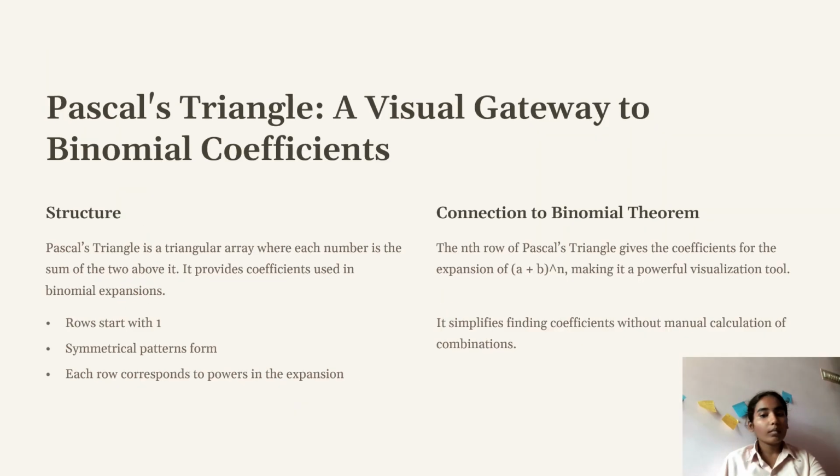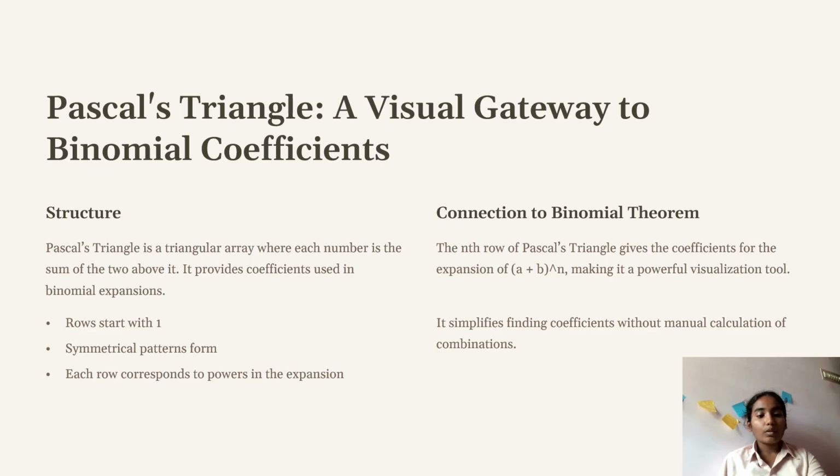Pascal's triangle, a visual gateway to binomial coefficients. Structure. Pascal's triangle is a triangular array where each number is the sum of the two above it. It provides coefficients used in binomial expansions. Rows start with 1. Symmetrical patterns form.